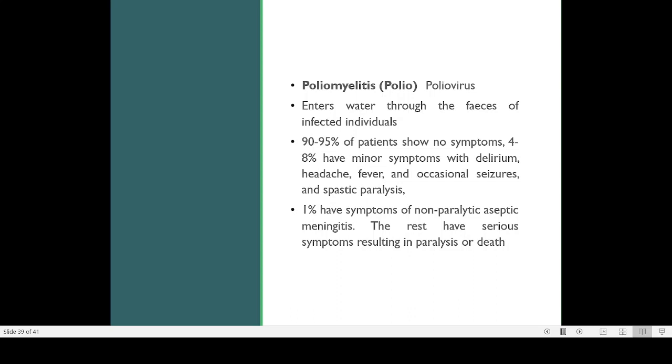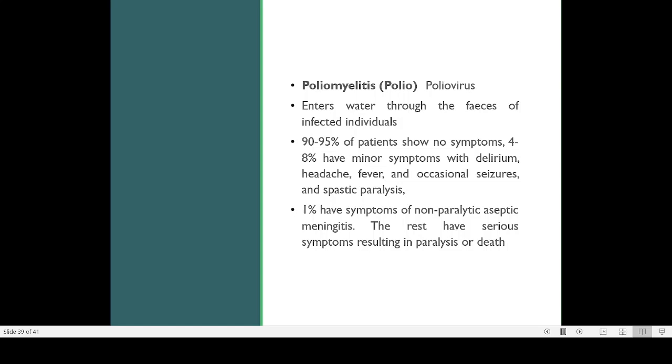Delirium means mental performance will be affected. Headache, fever, occasional seizure. Seizure means abasmaram, that is what seizures are called. Then spastic paralysis. That is, part of your body can be paralyzed.